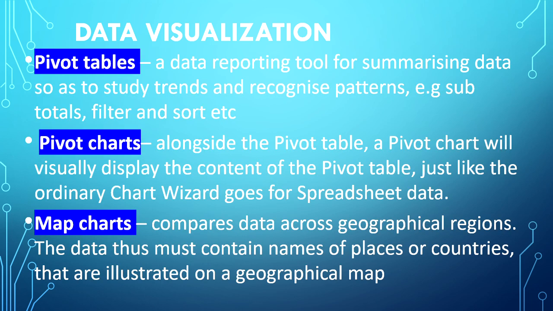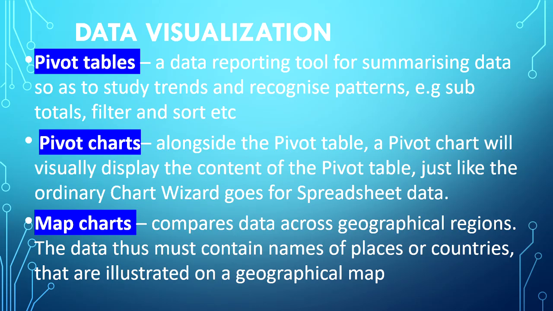Then we have the map charts that help display data across geographical regions. In other words, here we must have something that has to deal with a place or a country name, for example, and the data is related to the data from the spreadsheet.